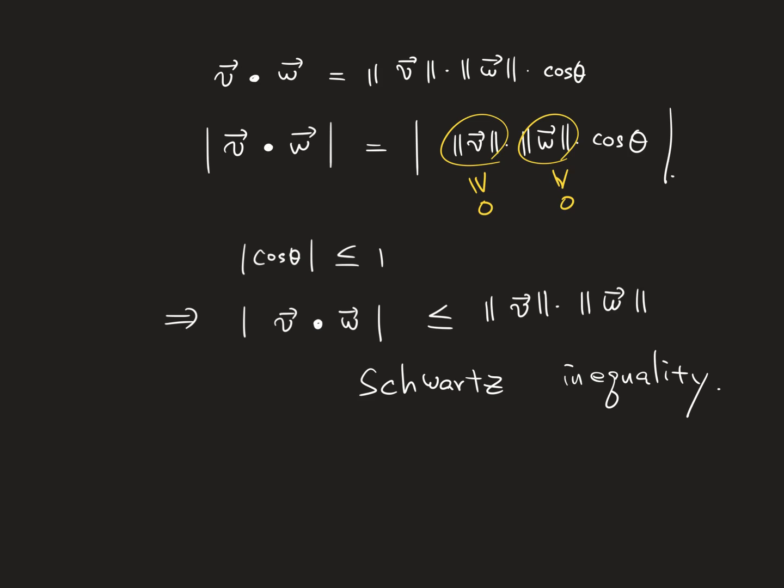Sometimes it's called a Cauchy-Schwarz inequality, but in some textbooks you can see that it's called a Schwarz inequality. When you see any inequality, maybe you think that this is just an inequality. That means it's not an exact thing.